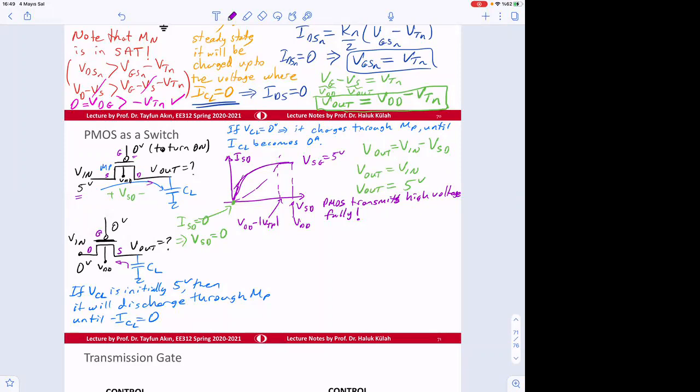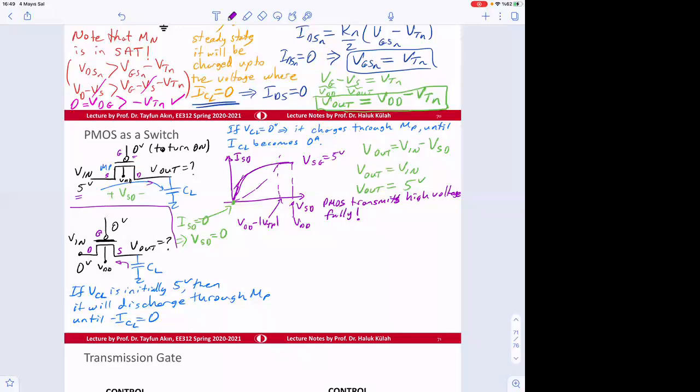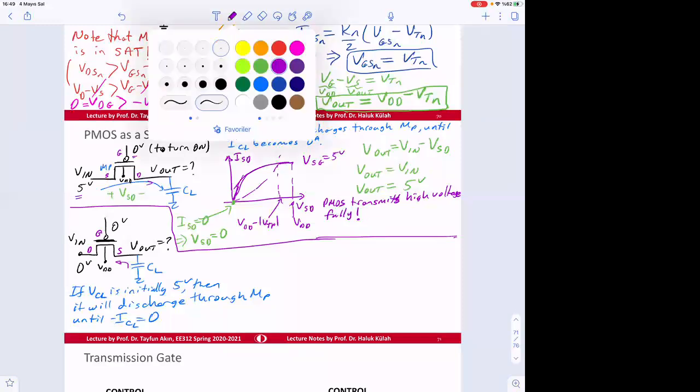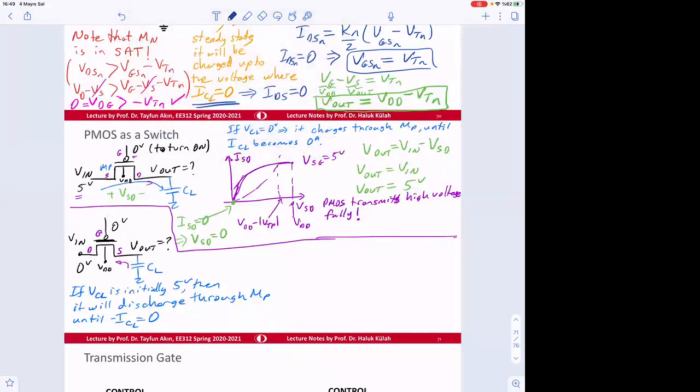So now we know that for this case, what is the state of the transistor?